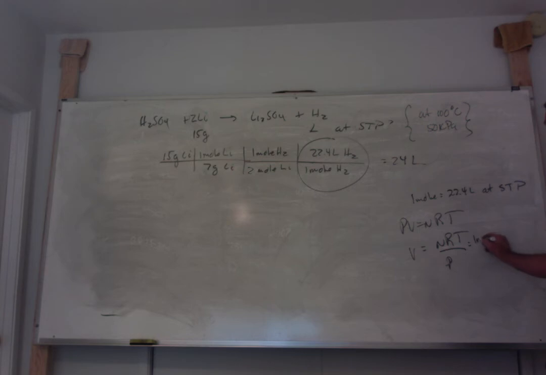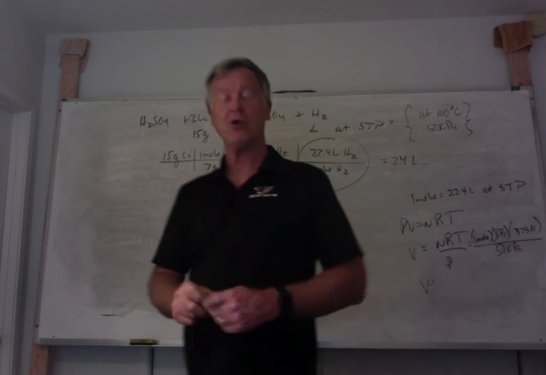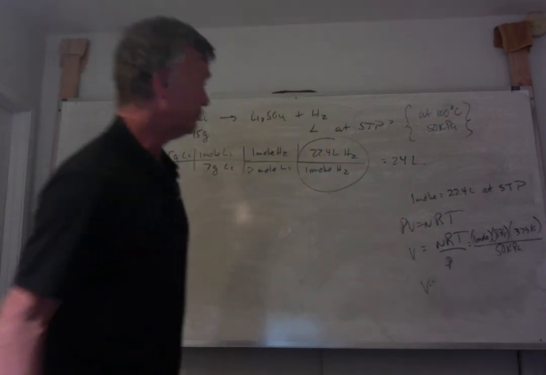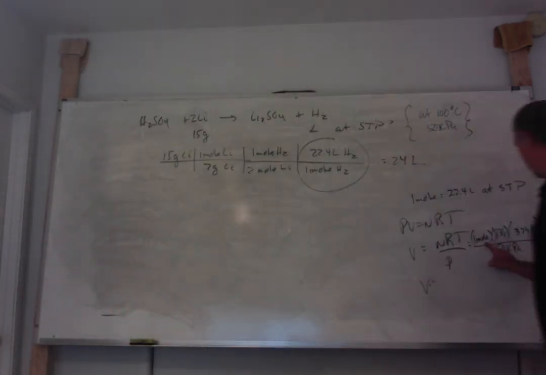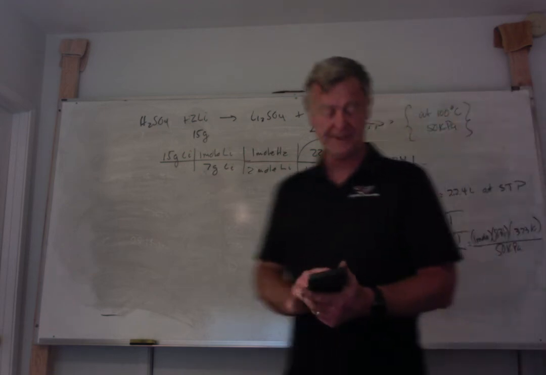I want to know what 1 mole is. This is 8.31. I'm running out of room, or I would normally write the rest of the units there. 100 is 373 Kelvin. And on the bottom, we'd have 50 kilopascals. And that will tell us the volume of 1 mole of the gas at that temperature and pressure.